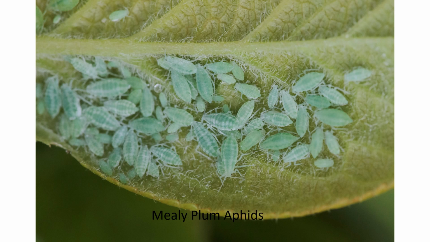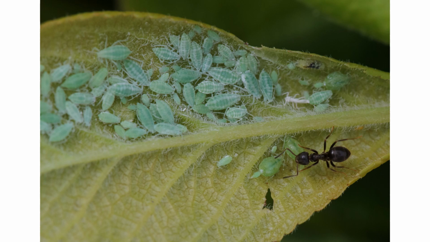Here's another example on the underside of a leaf of a plum tree, and these are mealy plum aphids. Well, this is interesting for another reason, and that is that these aphids are attended by ants, black ants of some sort.